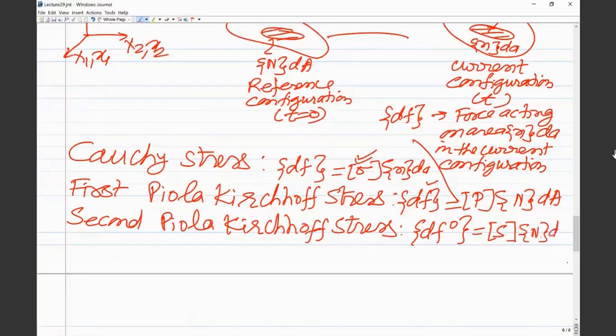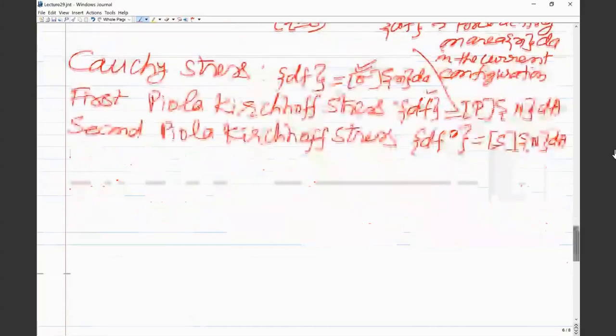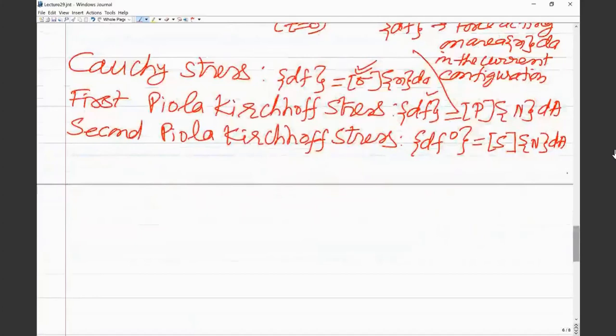Loosely speaking, the second Kirchhoff stress tensor is force in the reference configuration per unit reference area. So we have these three relations: df equals sigma small NDA, df equals capital P capital NDA, and df naught equals capital S NDA, based on the Cauchy stress, first Kirchhoff stress tensor, and second Kirchhoff stress tensor.